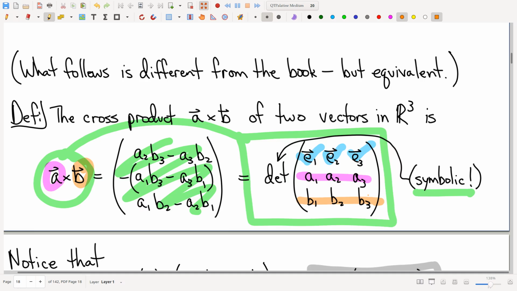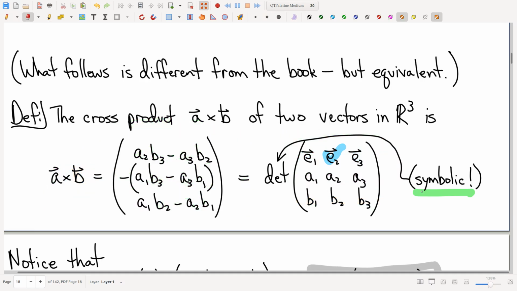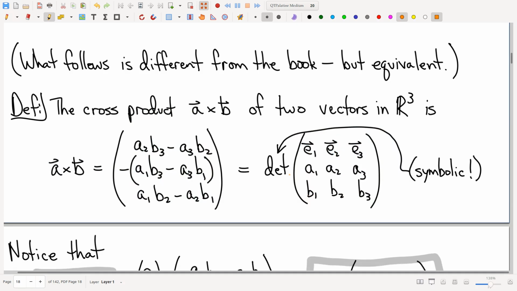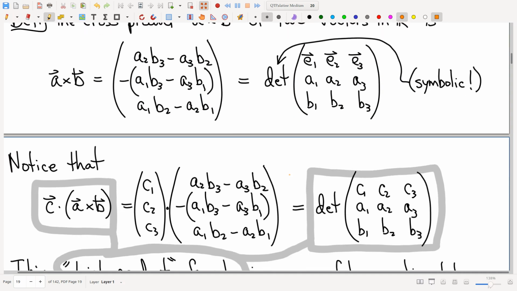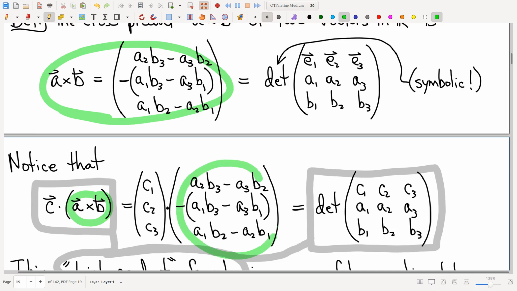Okay. All right. So now here is a slick move. Very slick move. If you take the cross product, there it is. Now that's just recopying the formula from above. If you do its dot product with some other vector, the dot product with a cross product is exactly that right there.